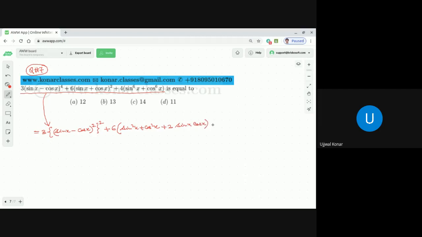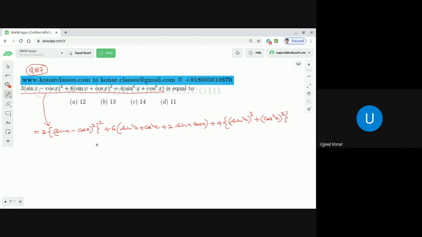I hope you agree with me. Plus 4 into sin to the power 6x plus cos to the power 6x, that is equal to sin square x cubed plus cos square x cubed.